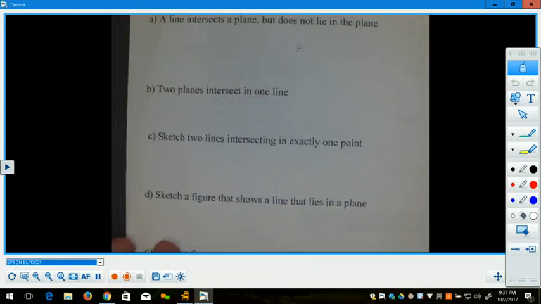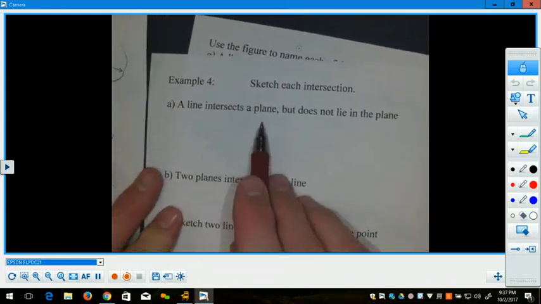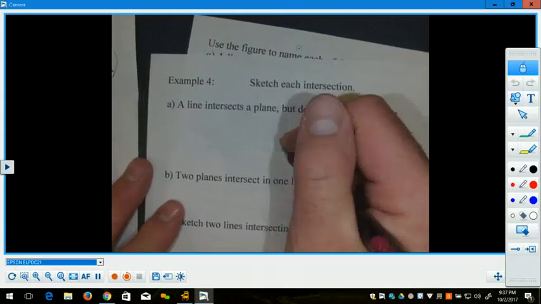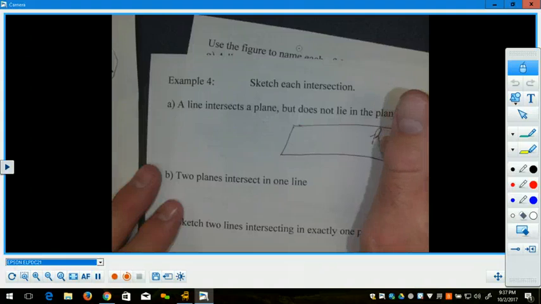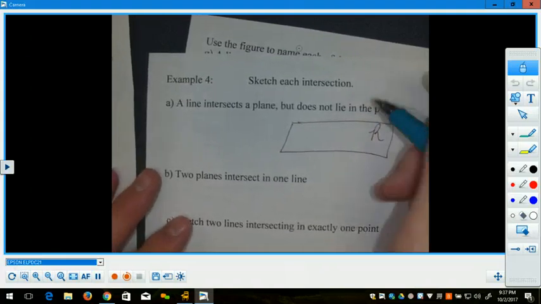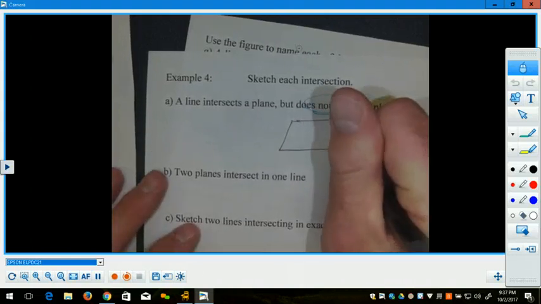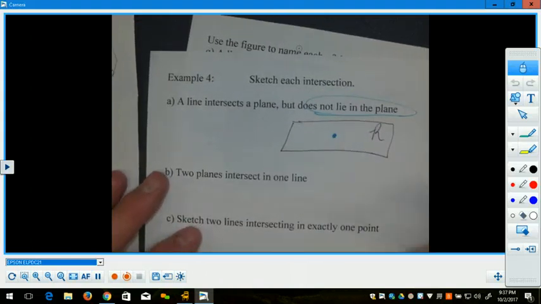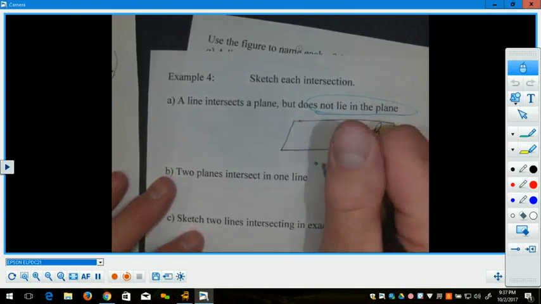Example 4, sketching intersections. A line intersects a plane but does not lie in the plane. All right, so I have a plane. I'll call it capital R for Ritter. And I have a line that's going to go through the plane, but it can't lie in the plane. So I don't want it to be in the plane. I want a point of it to be on the plane, and maybe a point below or above even the plane.